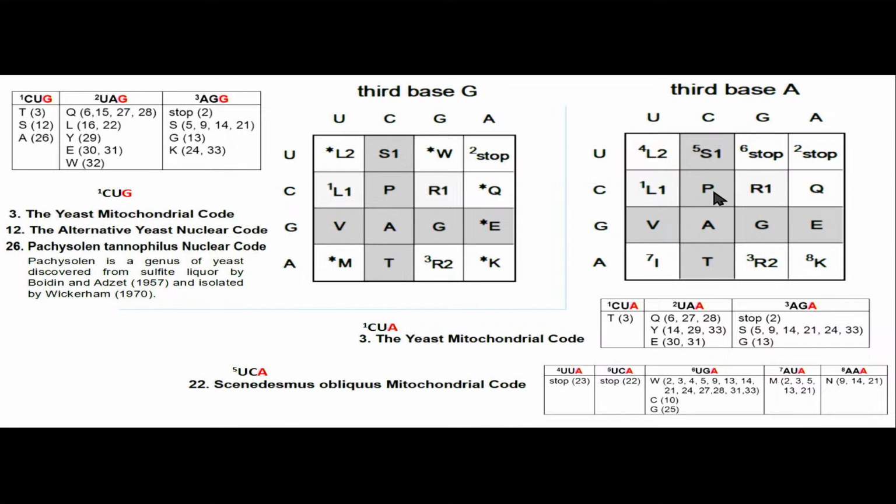For the third base G, something more happens. Some new amino acids are introduced. And in the A table, no new amino acids are introduced. We see that stop codons are the whole U row. This is also in the joint column for one specific code, where S becomes a stop codon, and this is also an exception.